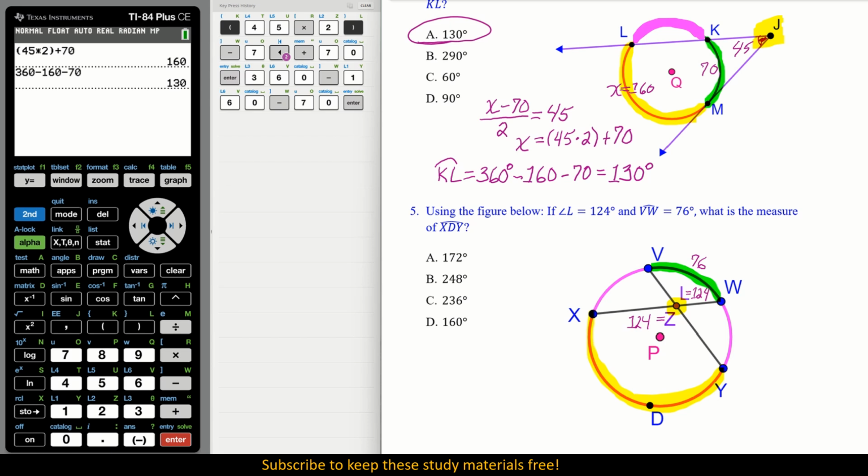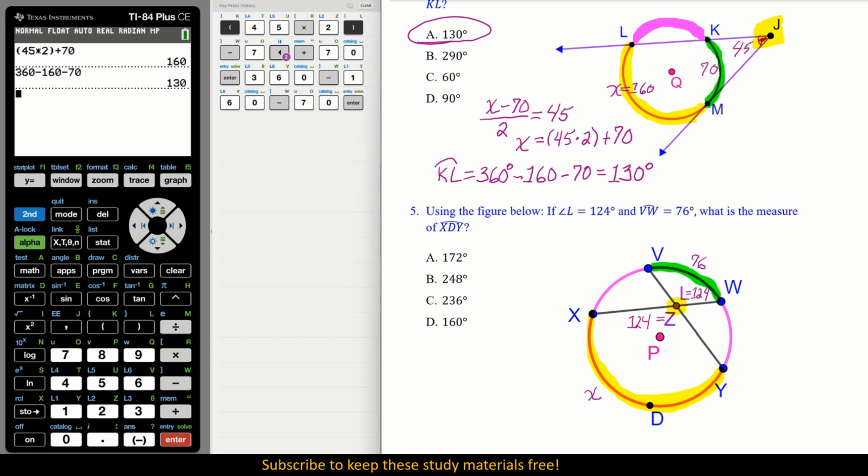It gets us a way to get our X. So our yellow is equal to X, okay? Well, it's a lot like what we've been doing, just a tad different, because our point is not on the outside of the circle like J. Our point is inside the circle.